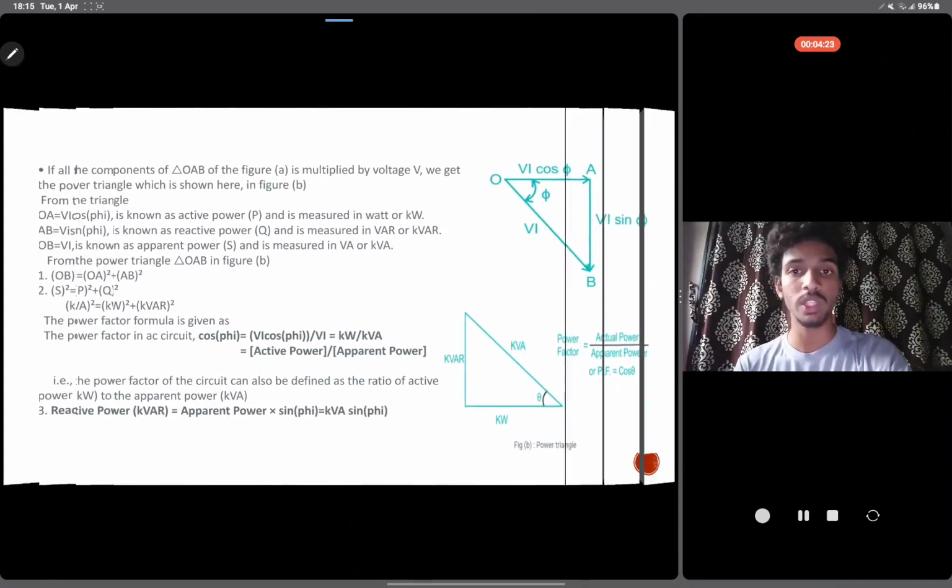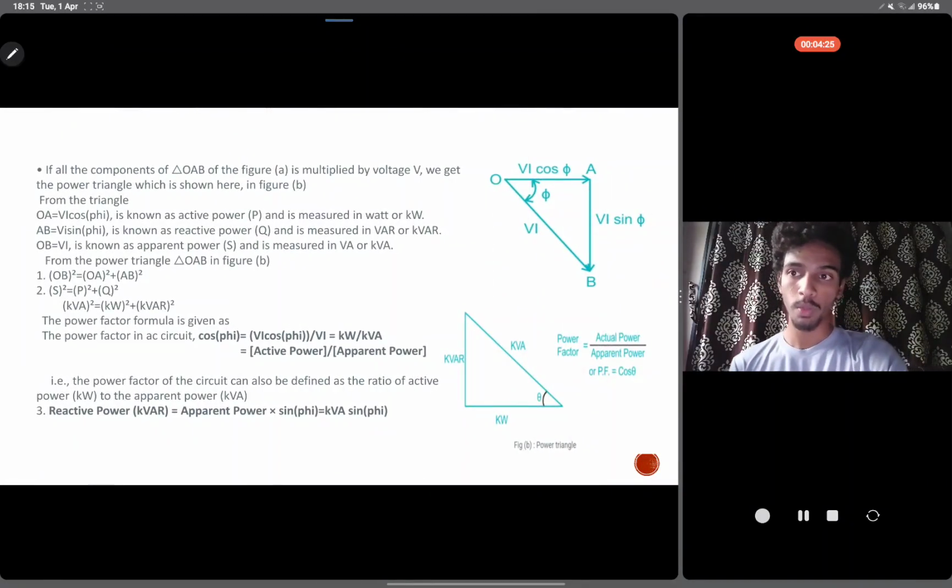When we multiply with V, we get the power triangle, which is shown in figure B, where OA is equal to VI cos phi, which is also known as the active power, denoted by P, which is measured in watts or kilowatts. AB is equal to VI sin phi, which is also known as reactive power, denoted by Q, and is measured in VAR or kilo VAR, volt-ampere reactive.